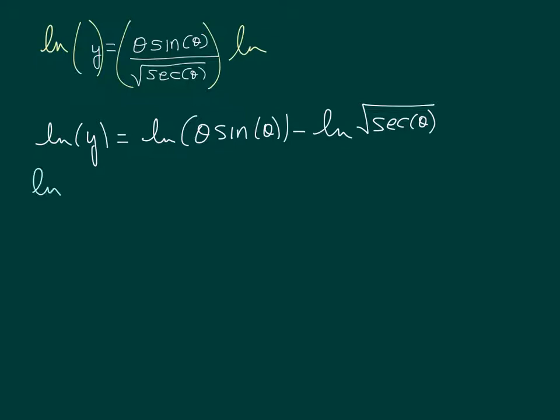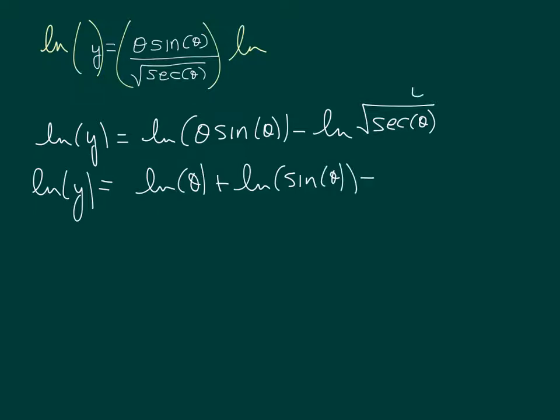The next step is I'm going to separate the product into a sum. And then I can write this as the 1/2 power. So using the power rule, I'll bring the 1/2 down, and that gives me this.